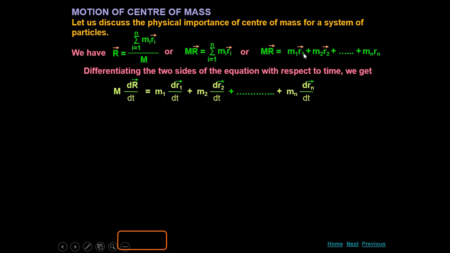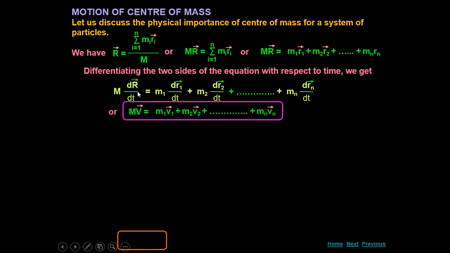That equals, if R1 is the position vector of the first particle, R2 is the position vector of the second particle, and so on, and all these position vectors of the particles are changing with respect to time, then you can write: m1 dr1 upon dt plus m2 dr2 upon dt plus and so on, up to the nth term. Then dr means it's like a displacement.